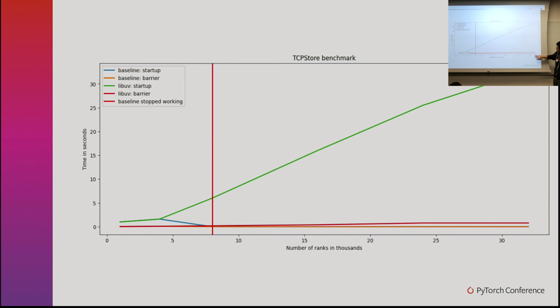Even at 32K, one barrier takes less than 1 second, around 700 milliseconds. That time is acceptable in most cases. So we can say that the TCPStore, the libuv version, is okay for 32K. You don't need to worry about it. There are no issues.